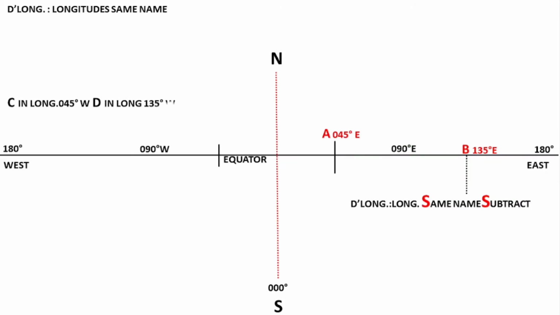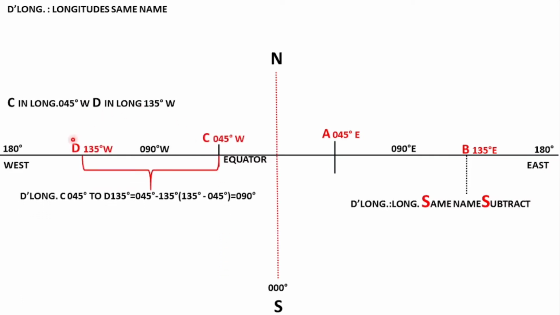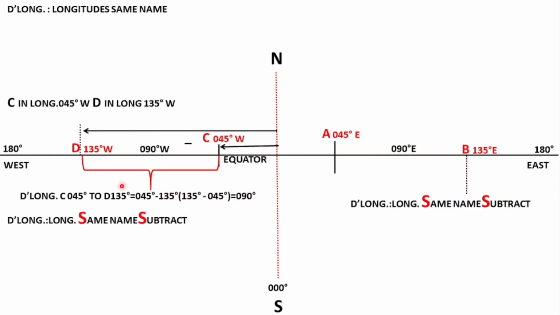Similarly, another example here with the same names, 45 and 135, and the D.LONG is 90, same name, subtract. I have subtracted it, and this is important for you to remember: same name, subtract.